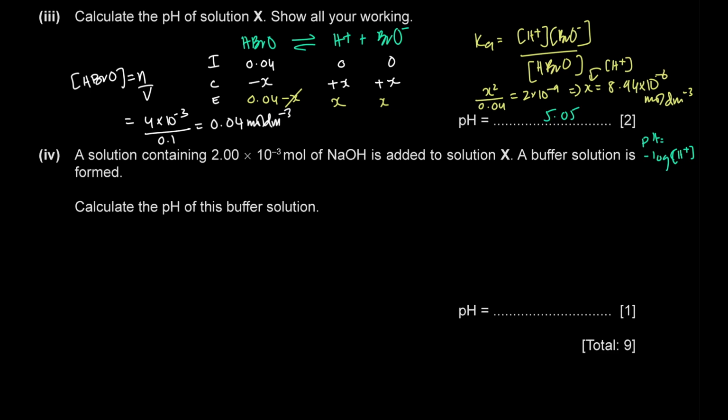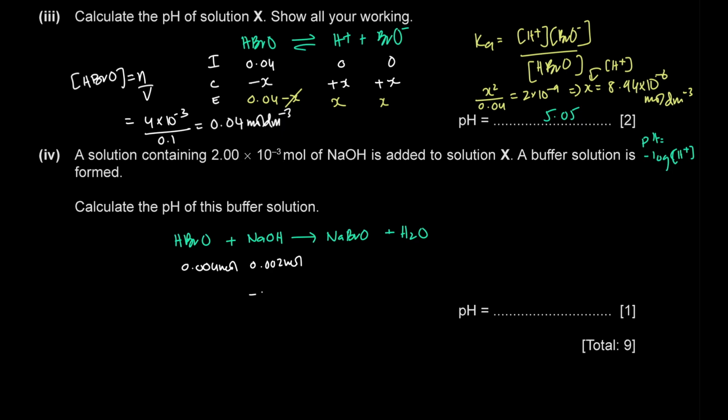Okay, so what happens is that the HBrO reacts with the NaOH to form salt and water, so NaBrO and H2O. Initially, we had 0.004 moles of this, and 0.002 moles of NaOH were added, 2 × 10^-3 moles.